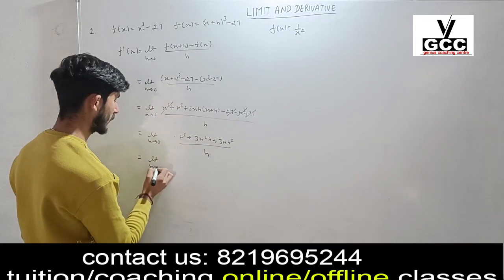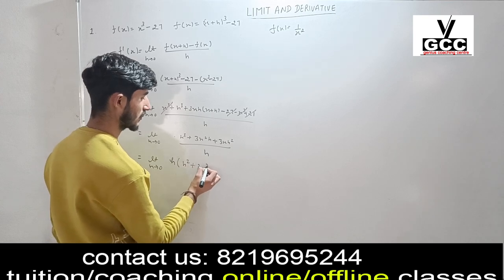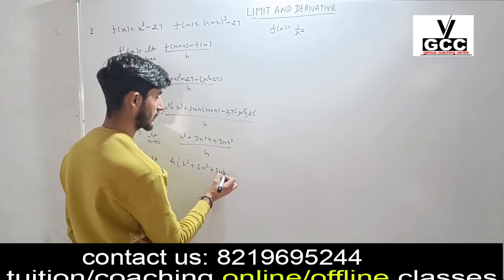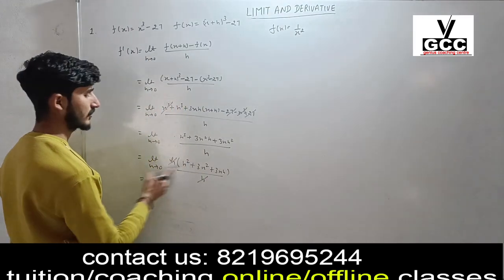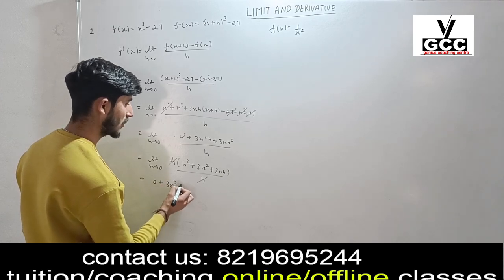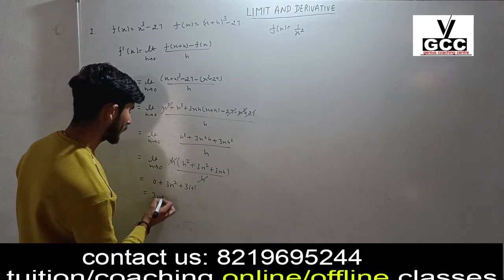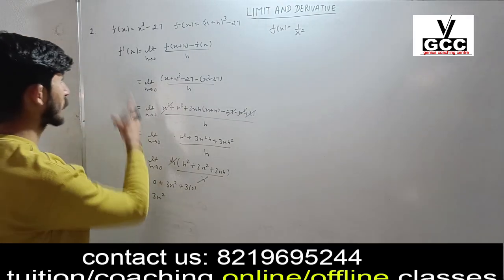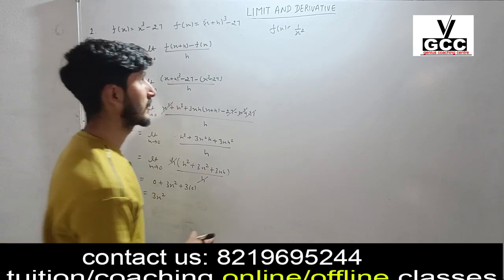So we have to take h common: h square plus 3x square plus 3xh whole upon h. h cancels with h and we have to apply limit h approaches to 0. 0 plus 3x square plus 3 into 0, that is equal to 3x square. That is the required derivative of f of x by using first principle.